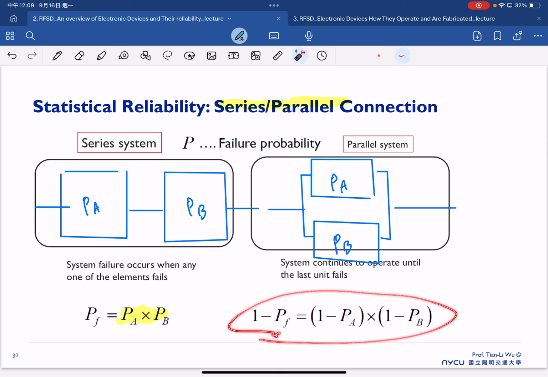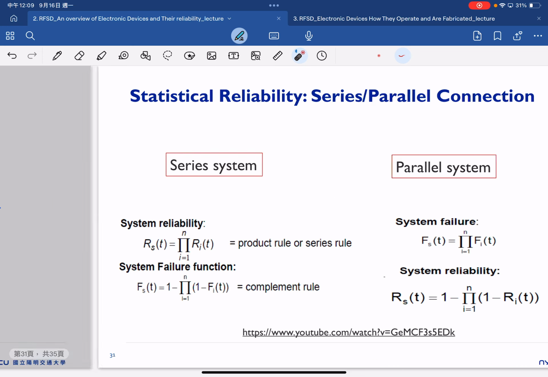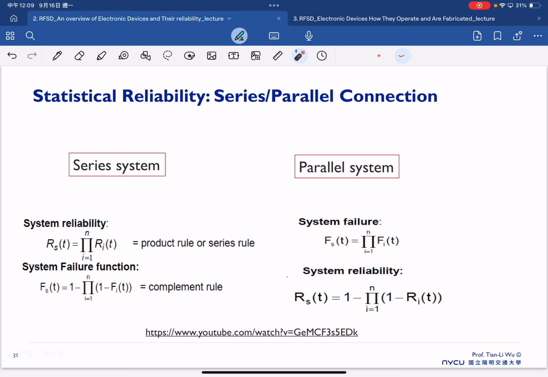If you look at some very fundamental probability classes, you will probably already know this one. We can always use this in our semiconductor statistical analysis, which we will talk about later. This is some more detail, a full equation for the previous two cases. Here I won't talk too much about it.